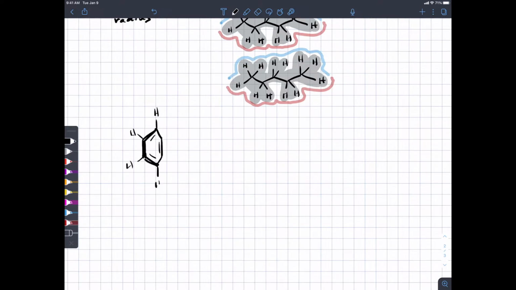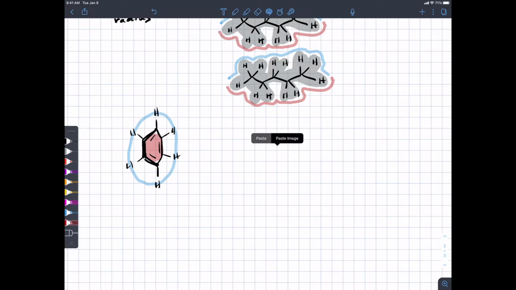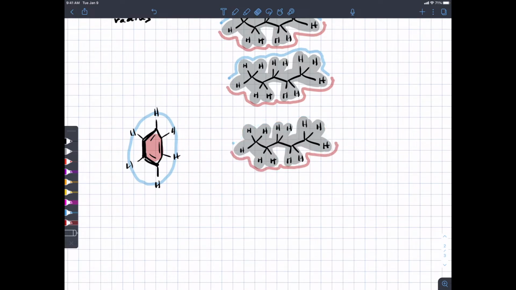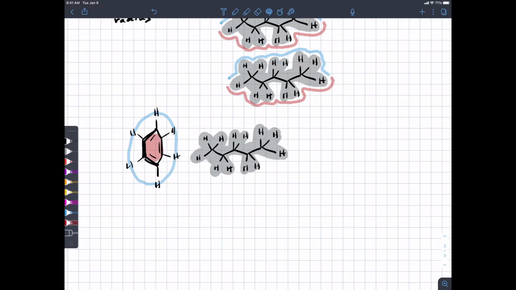Electron poor edge, electron rich face. And then you bring this hydrocarbon close to it. What do you predict the electron cloud of the hydrocarbon is going to do as it approaches the face of the benzene ring?